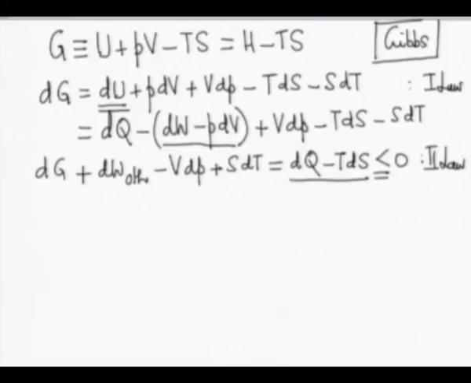So if the right hand side must be less than or equal to 0, again using that inequality, we have now, dw other must be less than or equal to minus dg plus V dp minus S dT. Just transpose these terms.